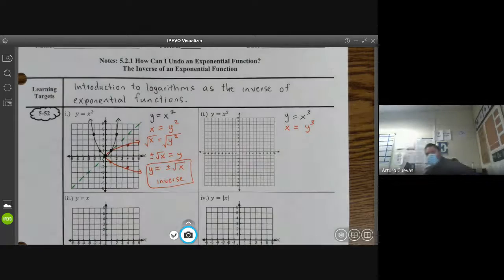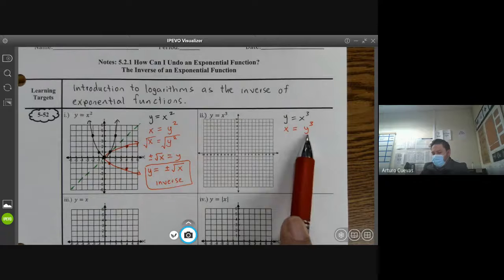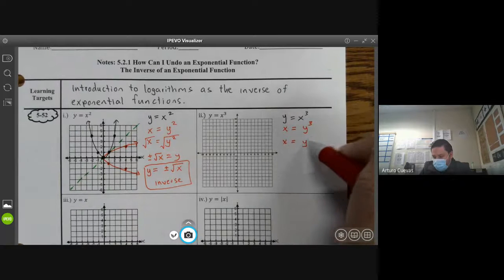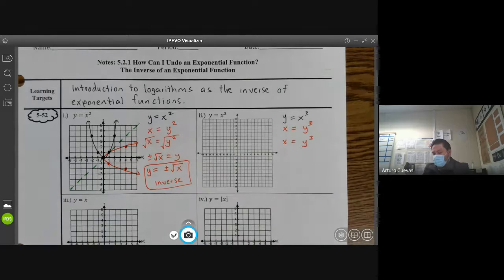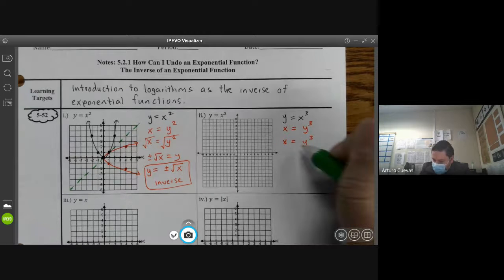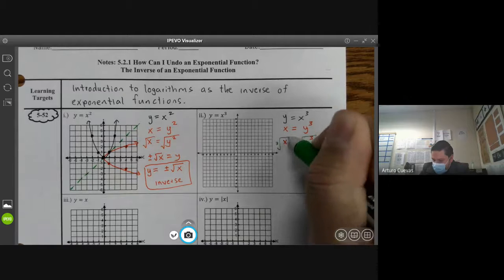Cool. So now that we wrote the inverse, we have to get the y by itself. How do I get rid of the third power? Cube root of both sides. So I'm going to take the cube root of this and the cube root of that.